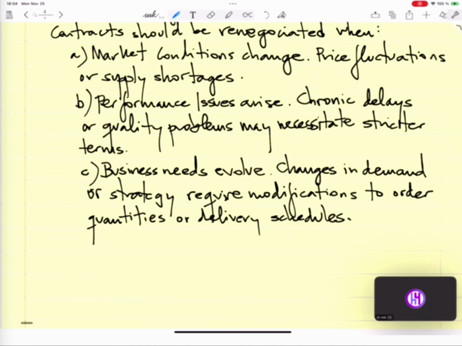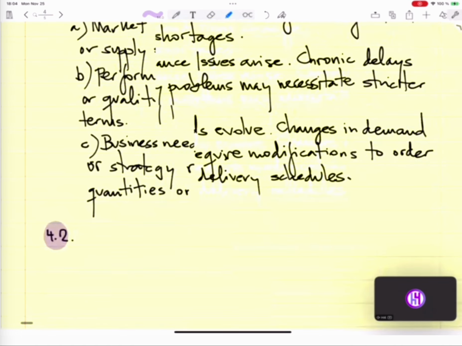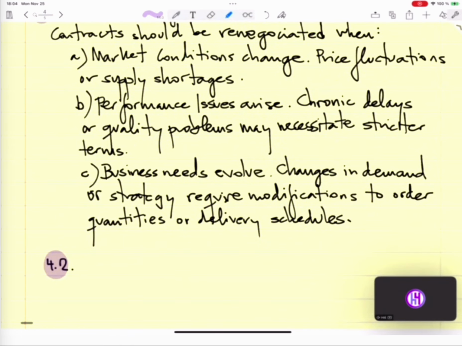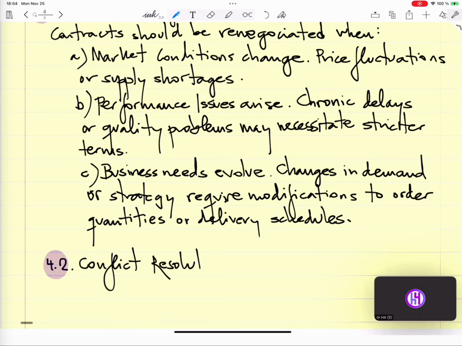So 4.2. How to resolve conflicts, conflict resolution strategies.